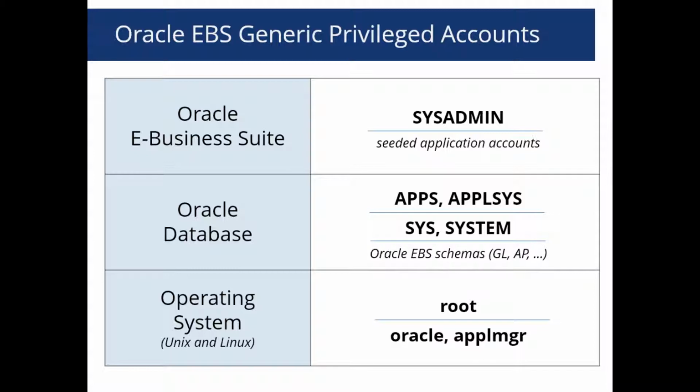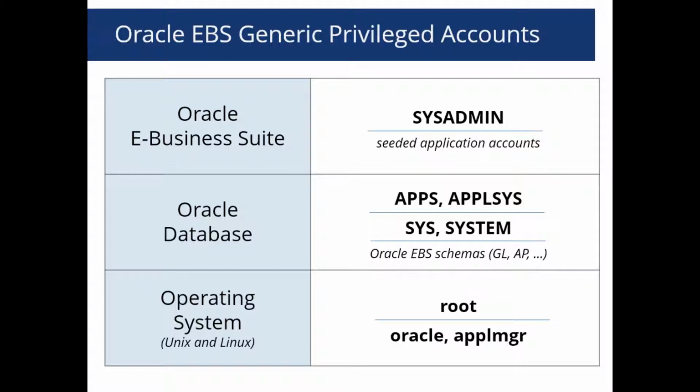So if you have a table for General Ledger, that table would be stored under the GL schema. By the way, each schema is a database account, and those are installed and active when you install the application. And the password is the same as the username. So hopefully you've changed these usernames and passwords. As an example, for GL, the password would be GL. And we'll talk about how to secure those accounts also.